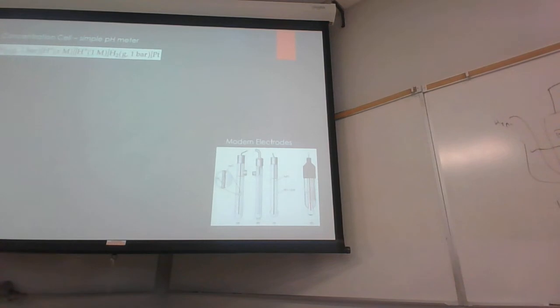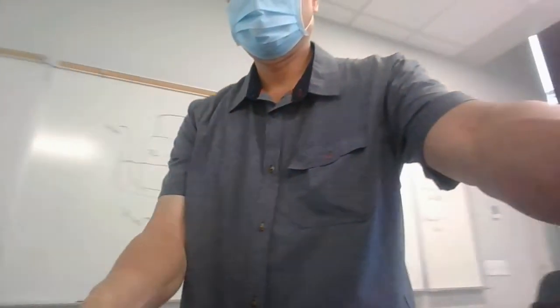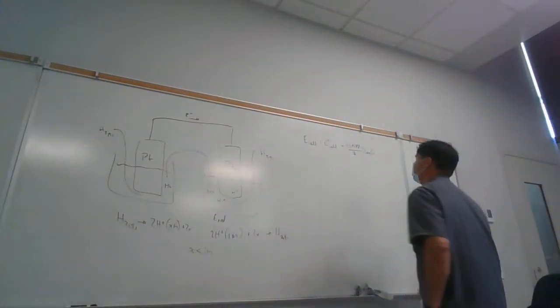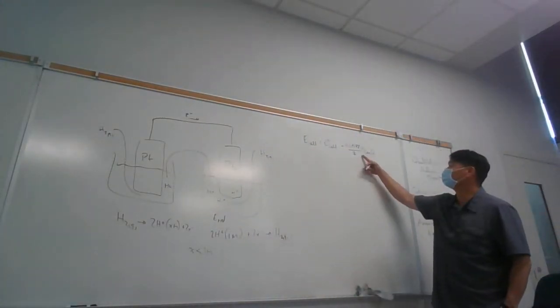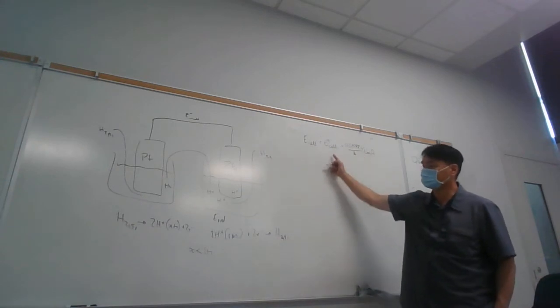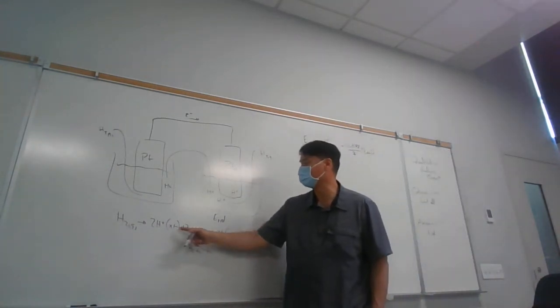And so this is going to be under non-standard conditions. E of the cell under non-standard conditions is equal to E of the cell under standard conditions minus 0.0592 volts over Z log of Q. Going back to this here, the standard cell potential is going to be 0 because here we have 1 molar and 1 molar.